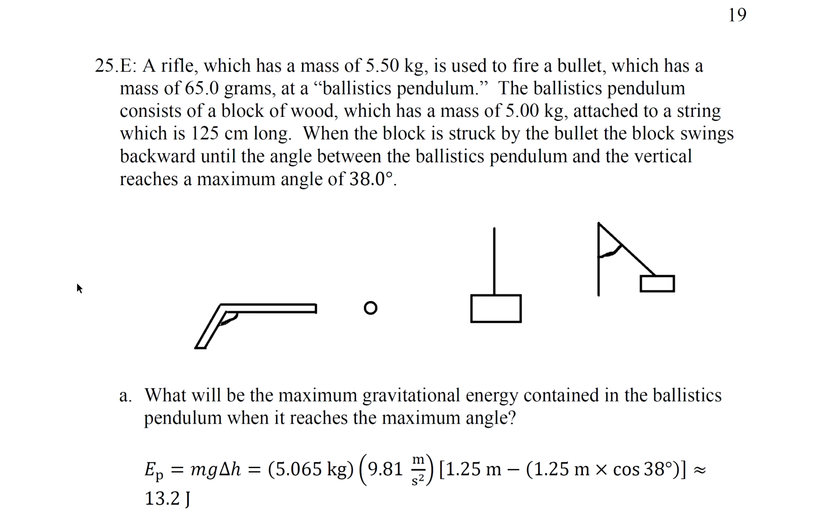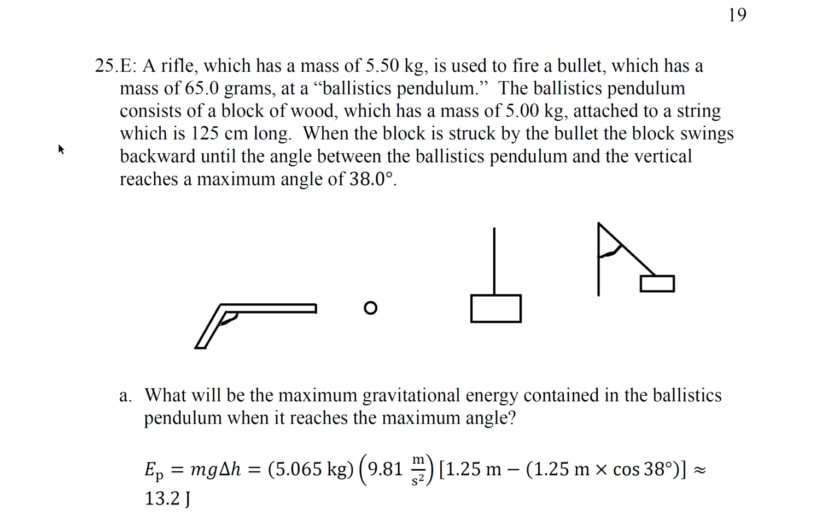Question 25. A rifle which has a mass of 5.5 kilograms is used to fire a bullet which has a mass of 65 grams at a ballistics pendulum. The ballistics pendulum consists of a block of wood which has a mass of 5 kilograms attached to a string which is 125 centimeters long.